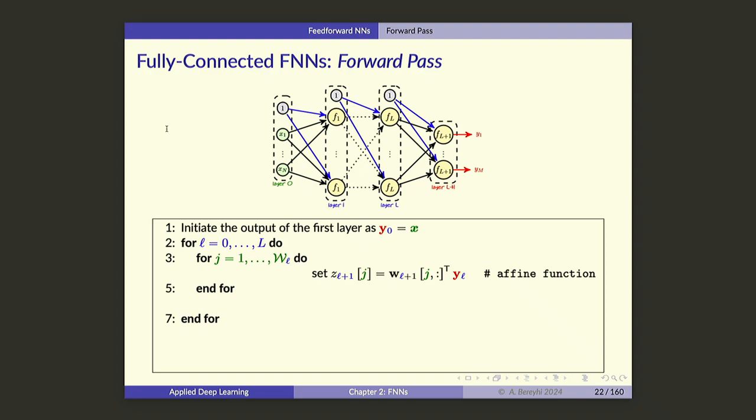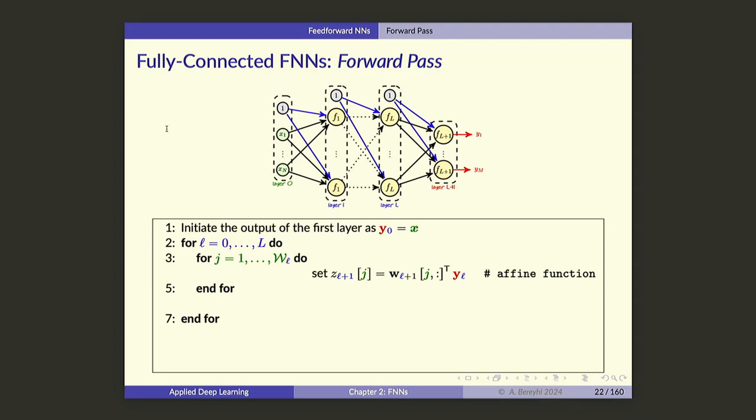So for every single neuron here, from 1 to the last one in the layer, 1 to W L, I'm first calculating the affine transform. So this is going to be the corresponding weight vector times this y L, right? So the output I had from the previous layer, I just multiply that with the corresponding weight of every single neuron in the next layer, and then I calculate this affine transform z, right?